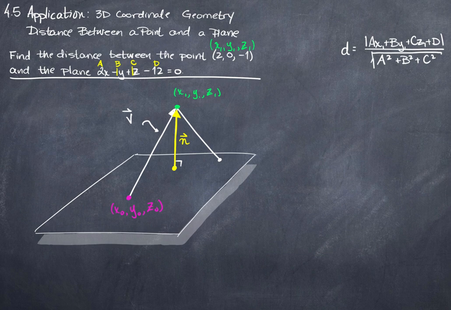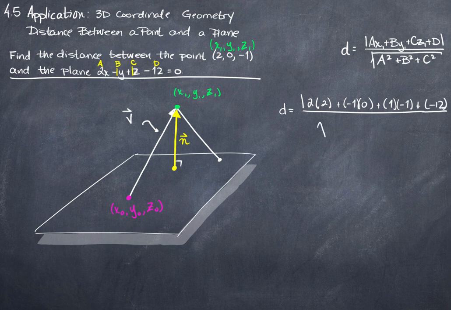In this case, D is equal to the absolute value of A, 2, times x1, 2, plus B, negative 1, times y1, which is 0, plus C, which is 1, times z1, which is negative 1, plus D, which is negative 12.